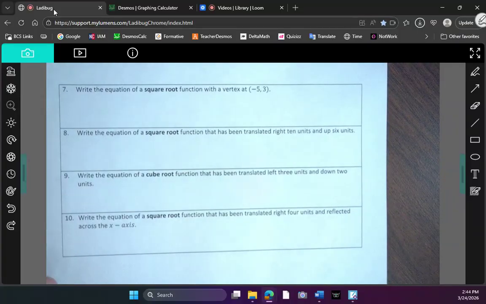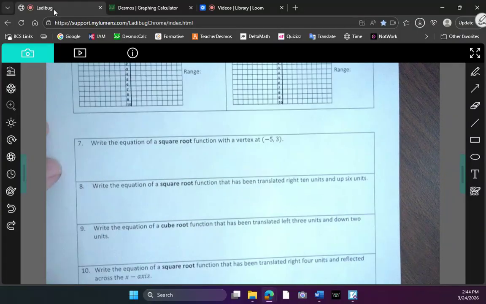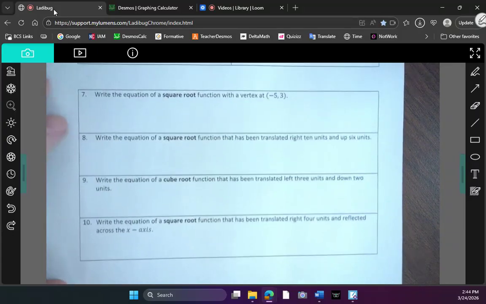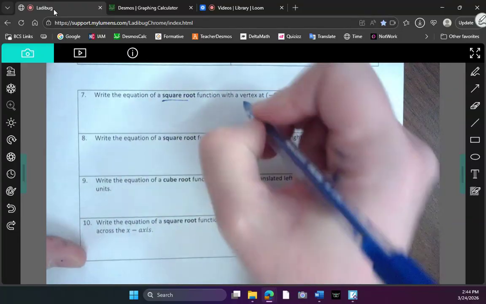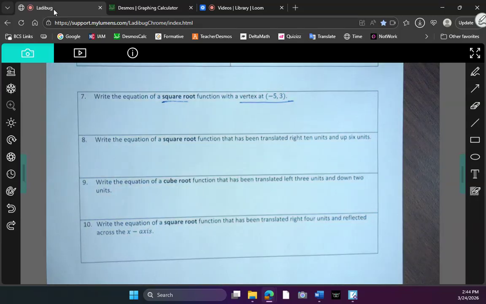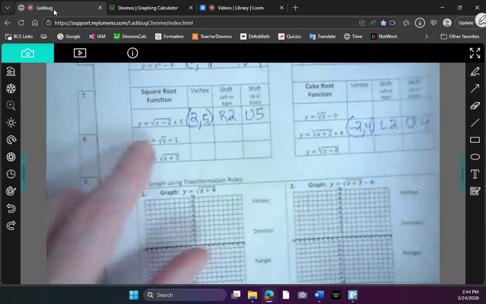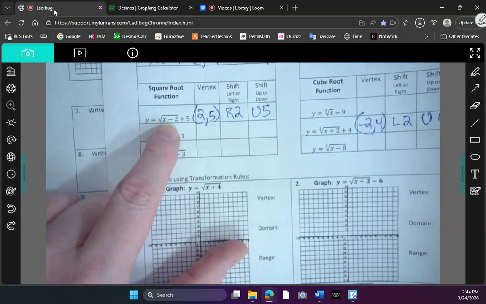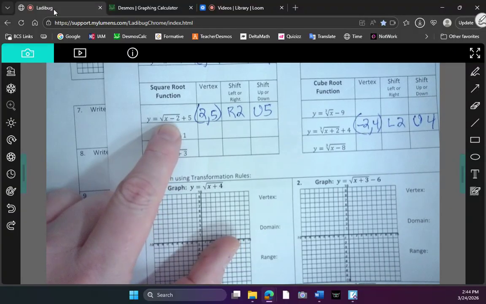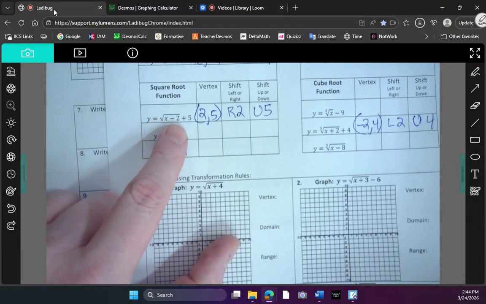And then finally, 7 through 10. These are going to be the tricky problems. So it says, write an equation of a square root function with a vertex at that. So remember what a square root function looks like. It's appropriately named, and it's always going to be the opposite inside the x.